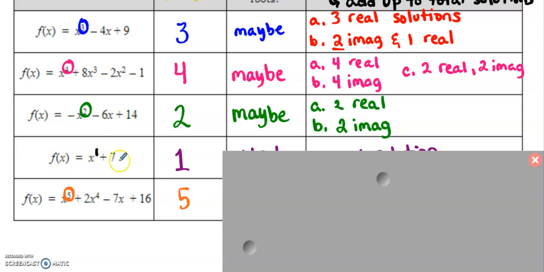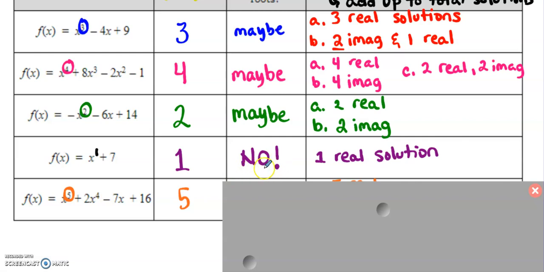The x plus 7 equation, that one, that has a degree of 1 does not have 2 possible zeros, which means there's no way that you could have anything imaginary because imaginaries have to come in pairs. So there has to be a minimum of a degree of 2 in order for something to be imaginary. So the only option for this fourth one is that there's one real solution.